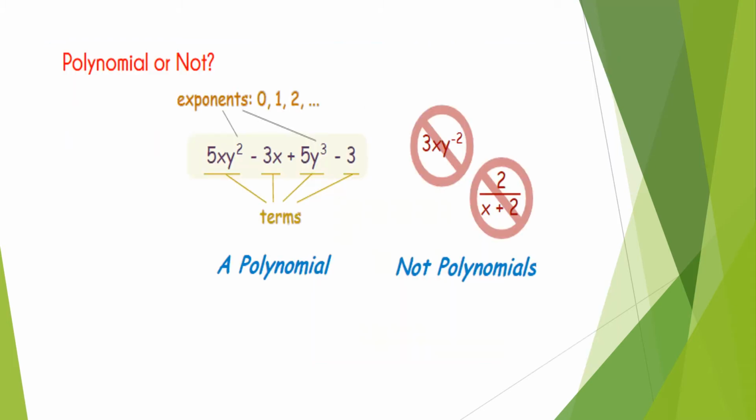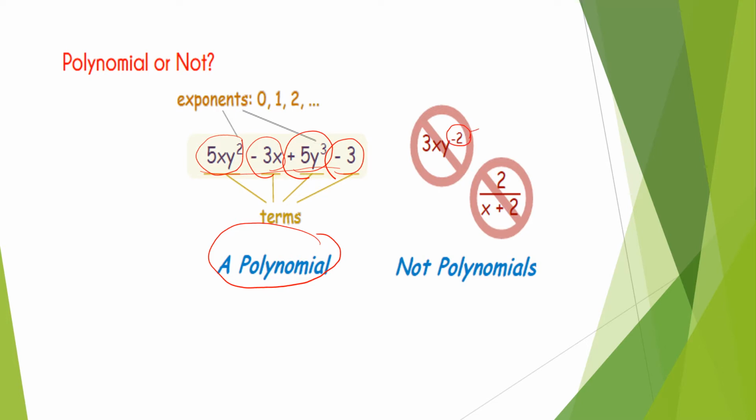What's not a polynomial and what's a polynomial? Here, 5xy power 2 is a normal term. -3x, another term. +5y power 3, a term. -3. All these terms can be a polynomial. But here, these are not acceptable. 3xy power -2.